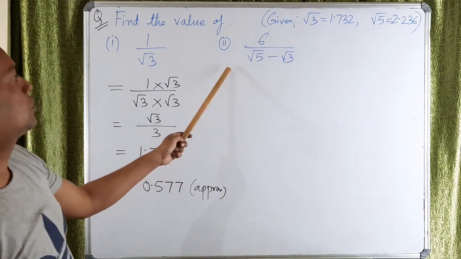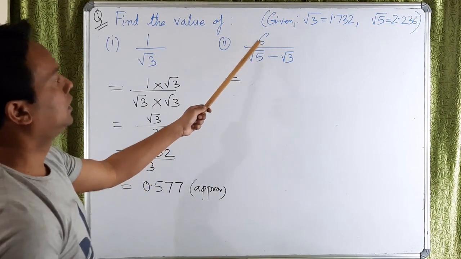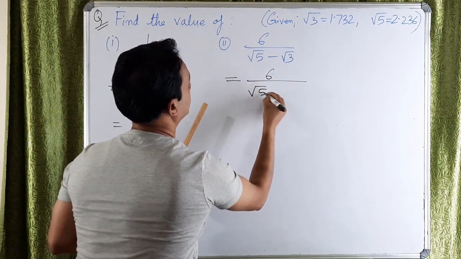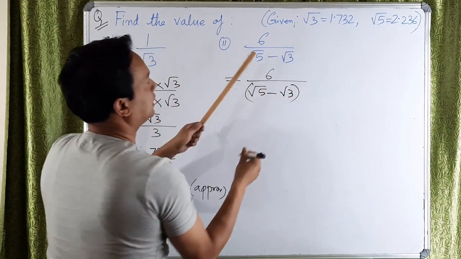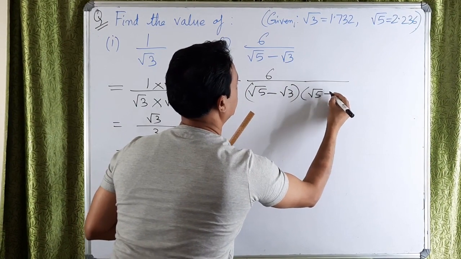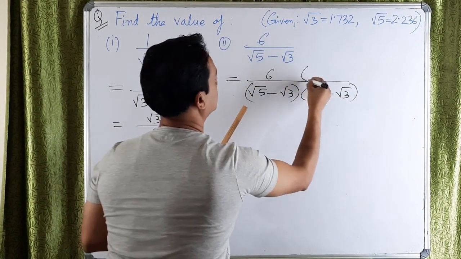Okay, when you come to this question, 6 by root 5 minus root 3. Again, we cannot put the values directly in the denominator. We have to rationalize. How do we rationalize this? We will multiply up and down with root 5 plus root 3. Same numbers, opposite sign.